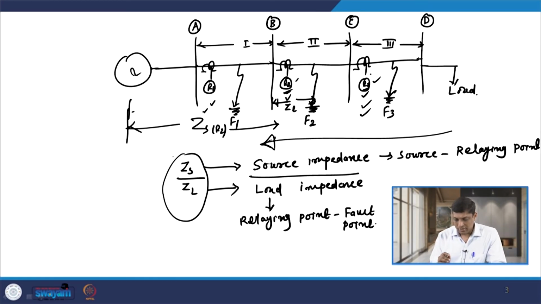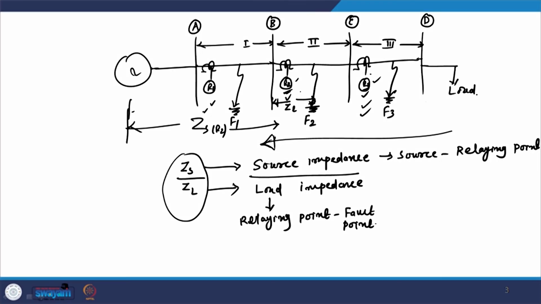Now, if I consider R1, R2, R3 all as instantaneous overcurrent relays, then the ZS by ZL ratio varies depending upon the location of the relay. ZS depends on the location of the relay and ZL depends on the location of the fault; accordingly ZL varies.